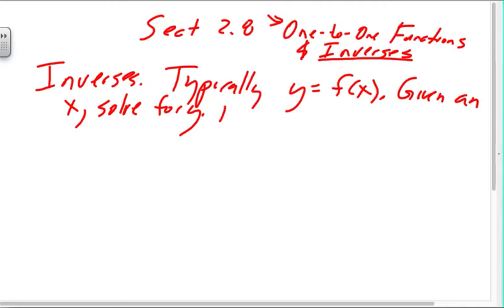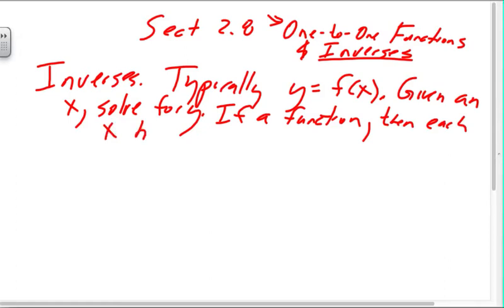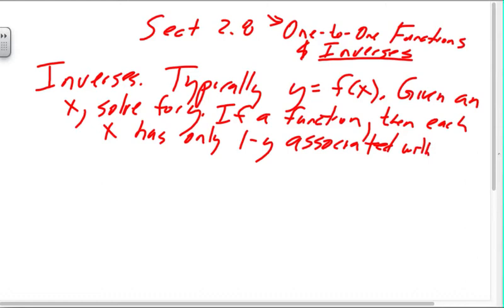Okay, if this is a function, then each x has only one y associated with it. This is the vertical line test. That's basically the vertical line test.